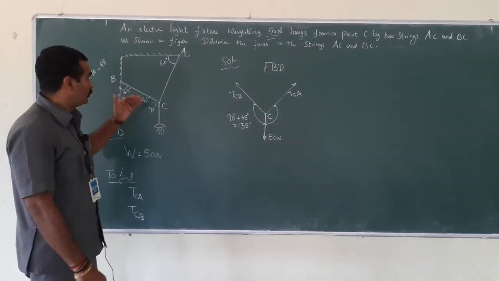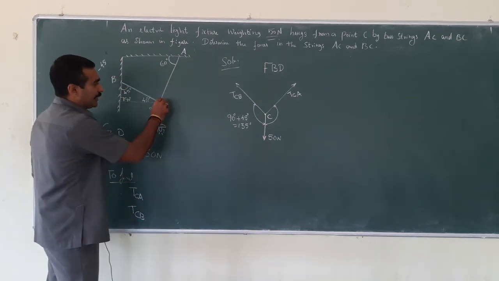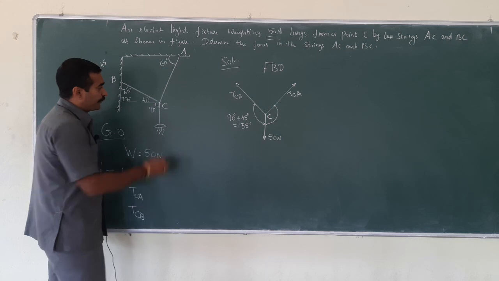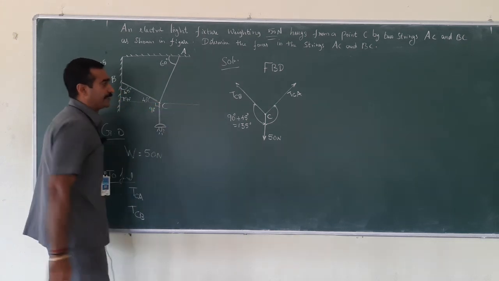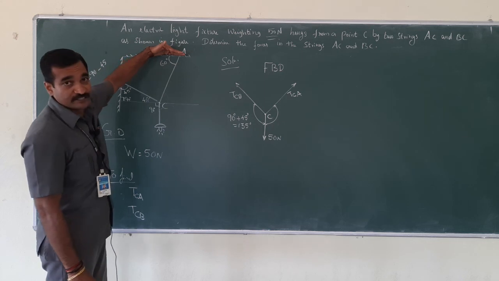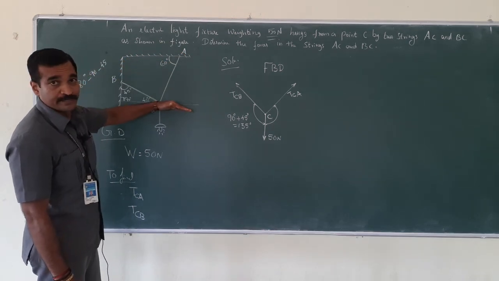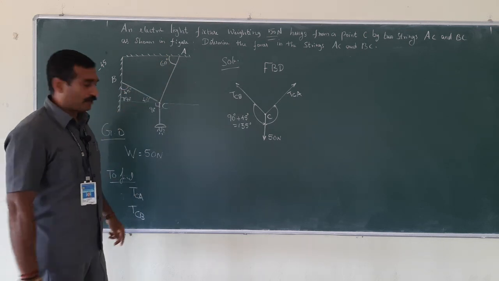Right. So in order to arrive at this angle, here it is unknown. If I draw a horizontal line here, that means parallel to this fixed line, the opposite side angles are equal.